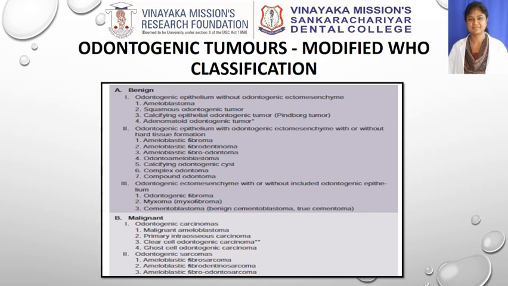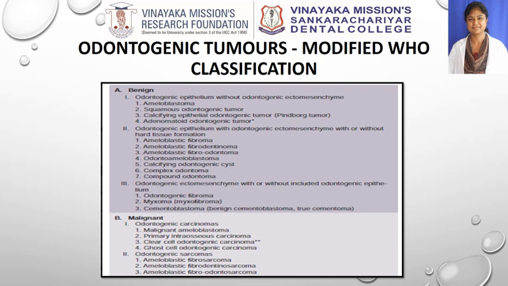The second category is odontogenic epithelium with odontogenic ectomesenchyme with or without hard tissue formation. The examples are ameloblastic fibroma, ameloblastic fibrodentinoma, odontoameloblastoma, calcifying odontogenic cyst, complex odontoma, and compound odontomas.